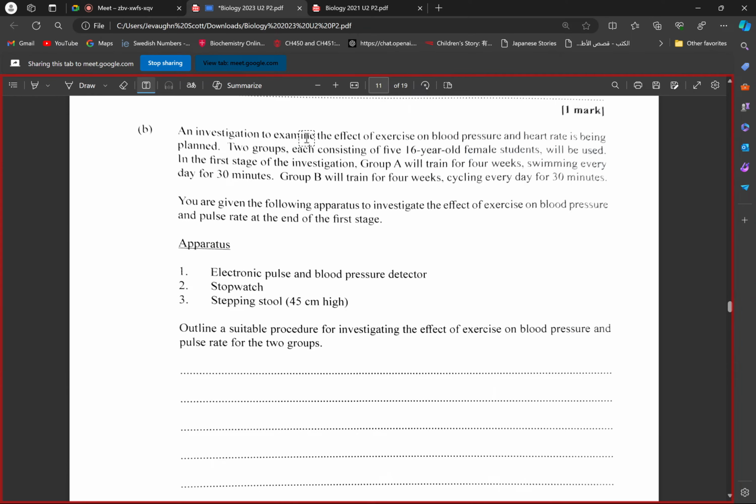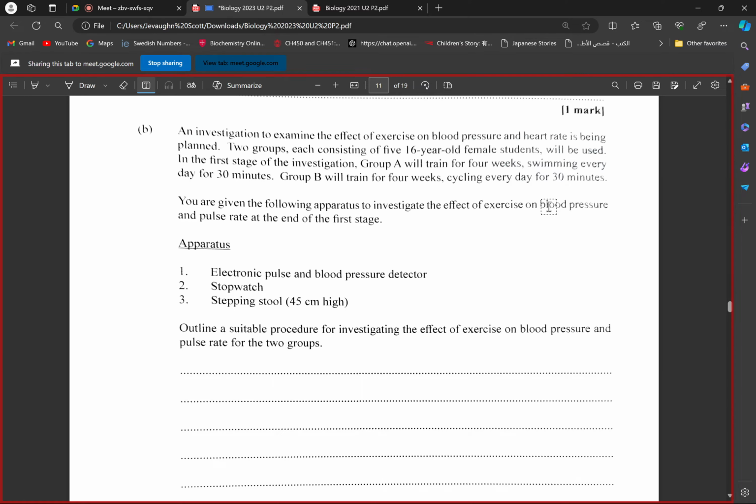An investigation to examine the effect of exercise on blood pressure and heart rate is being planned. Two groups, each consisting of 5 16-year-old females, will be used. In the first stage of the investigation, Group A will train for 4 weeks swimming every day for 30 minutes, and Group B will train for 4 weeks cycling every day for 30 minutes.